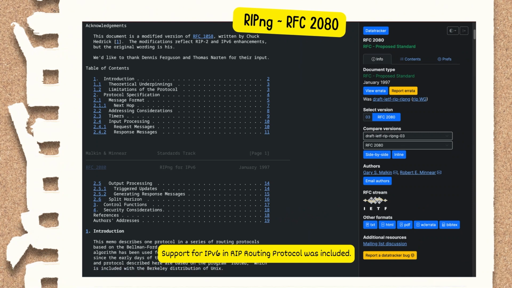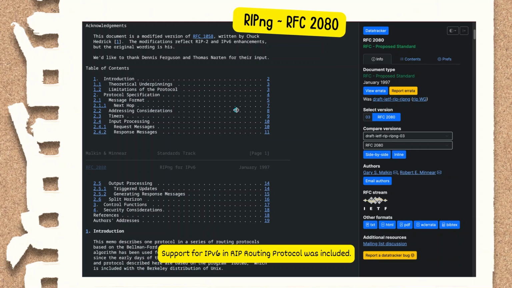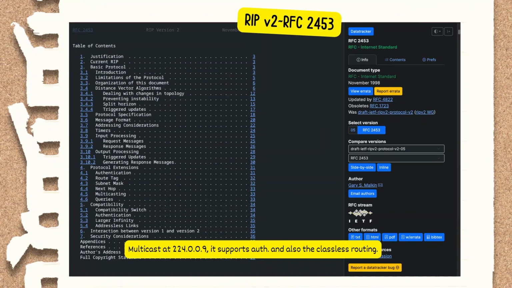RIPng, or RIP next generation, was published as a part of RFC 2080, and it included support for IPv6 in RIP. So this was the RFC for RIP with the support of IPv6. And now this is RIP version 2, which was published as a part of RFC 2453, and this is the latest RFC for RIP, and it included multicast.